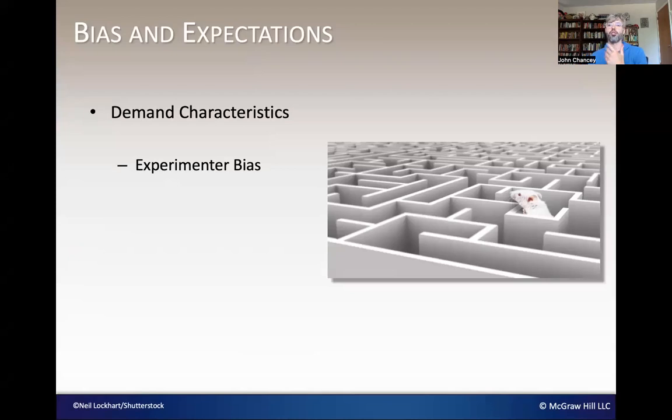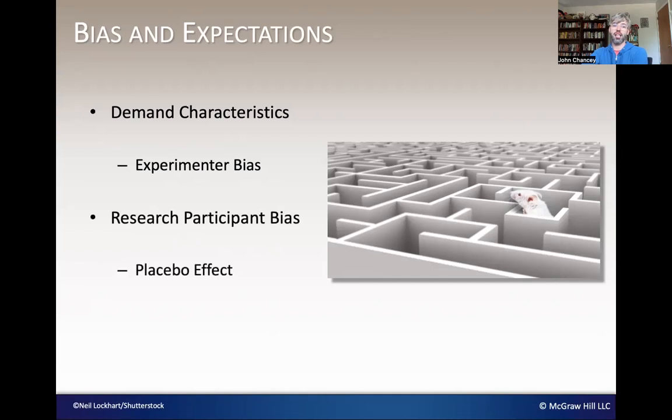When people understand, or they have certain expectations, like, oh, I'm in this research and I need to behave in a certain way, the same thing can also happen with researchers. If they're aware, for example, of who's in what condition, they might treat people in one condition differently. Maybe sometimes it's subtle, maybe sometimes it's not, maybe it's unconscious or conscious. But if we can create conditions that remove the potential for bias, that is ideal.